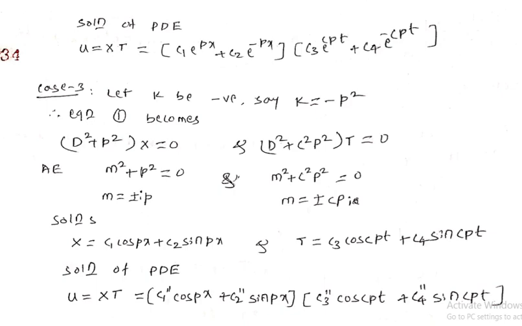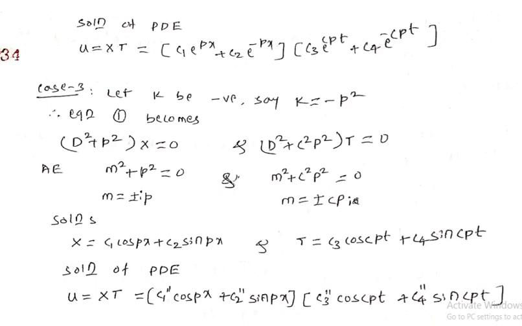So plus or minus ip means the roots are complex. Here also the roots are m equal to plus or minus ipc, and we know that the general solution for complex roots is capital X equal to c1 cos px plus c2 sin px, and the second one is c3 cos cpt plus c4 sin cpt.